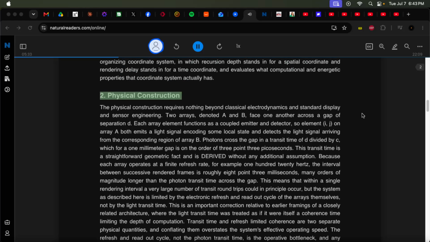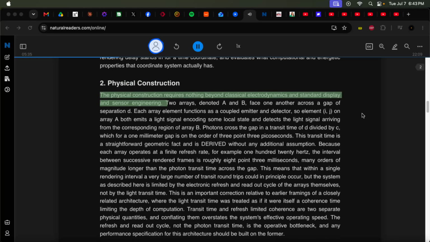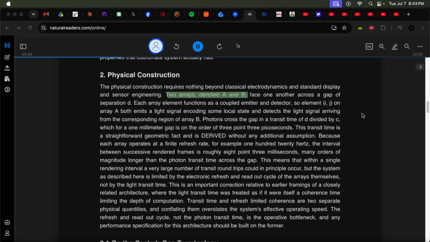2. Physical construction. The physical construction requires nothing beyond classical electrodynamics and standard display and sensor engineering. 2 arrays, denoted A and B, face one another across a gap of separation d. Each array element functions as a coupled emitter and detector.